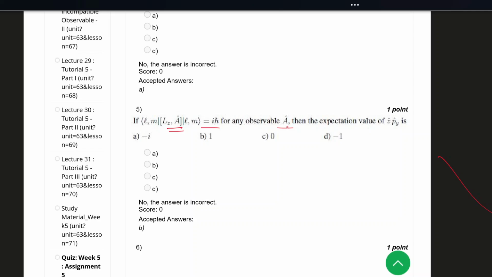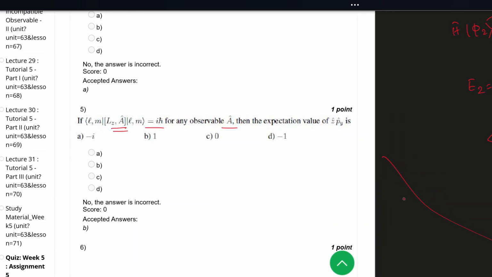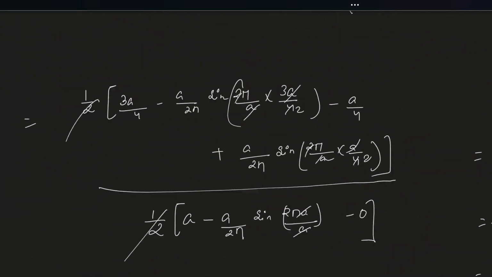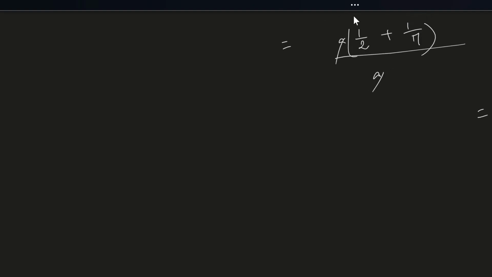So to solve this, let us choose this page. This is l m, Lz and A, commutator bracket, l m is equal to i h cut.